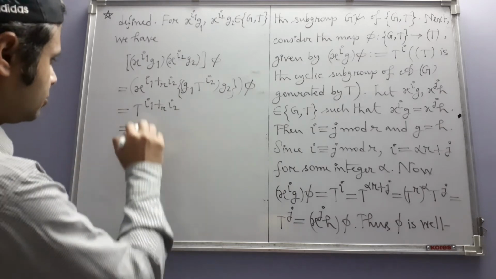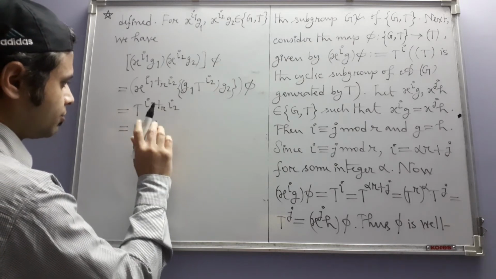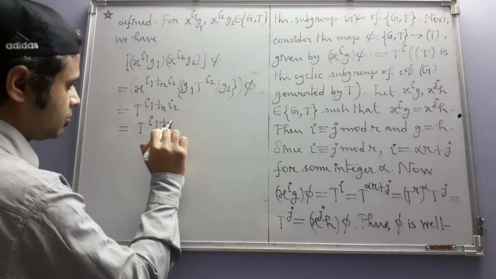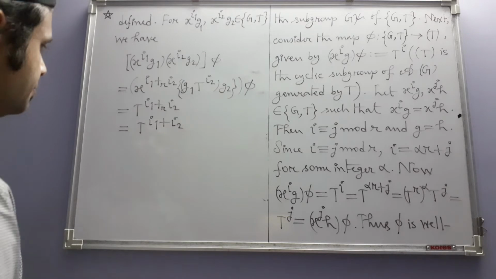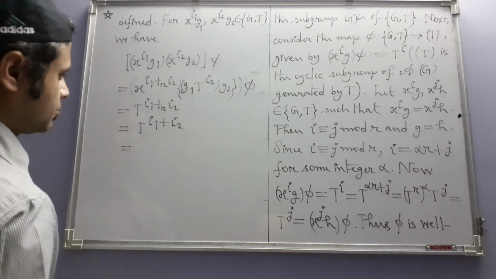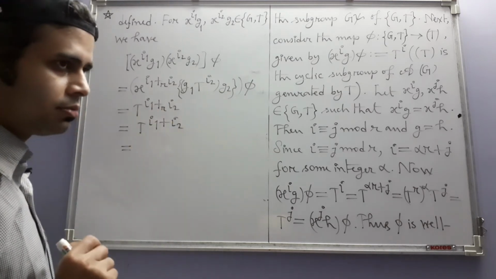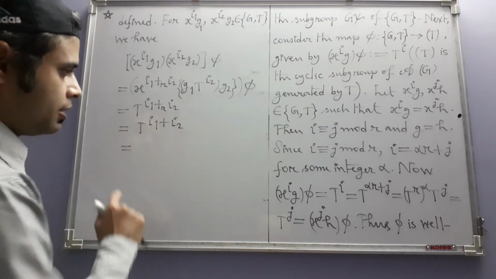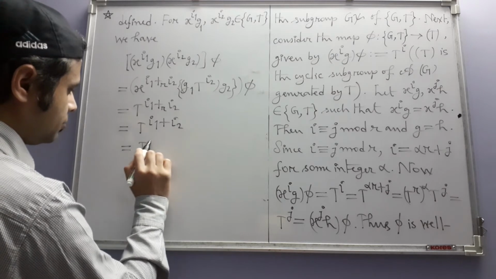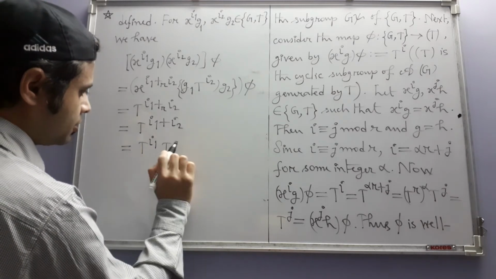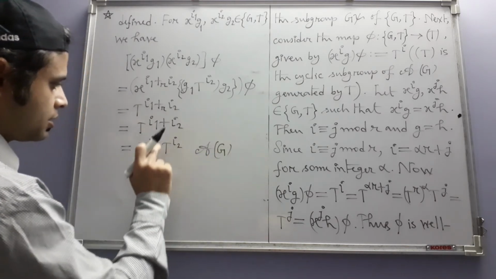At this point, we have seen it enough number of times. In place of this, we can write this, because these two integers are congruent to each other modulo r, and capital T has order r. Now using the rules of exponent in the automorphism group of G, this calculation is justified.